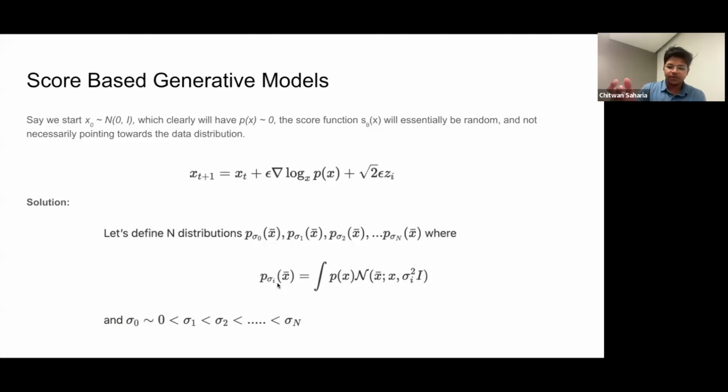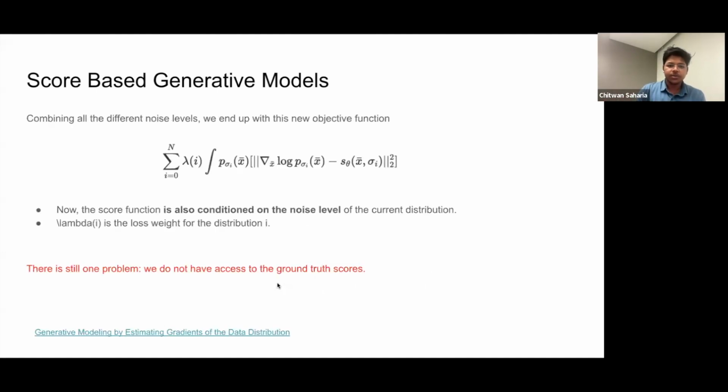First of all, we define these distributions, and then we learn the score function for all of them. If you remember the previous objective function, we modified it by adding a summation term, where we are not only learning the score function for the first distribution but for all n distributions, and we accordingly weight them and take the expectation over those distributions here.